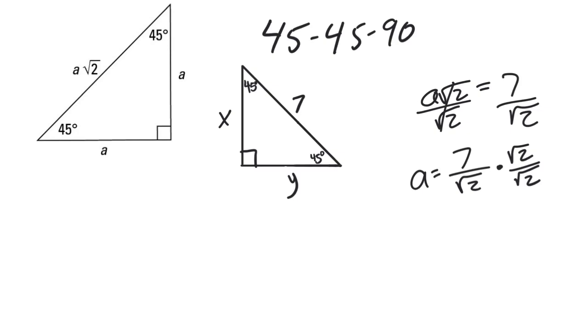So when we do this, we end up having a is equal to 7 times square root of 2 on top. You just multiply straight across. And then square root of 2 times square root of 2 is just 2. Since we have an odd number up here, that's not going to reduce. 7 does not divide by 2 evenly. So the final answer is just 7 times square root of 2 divided by 2.